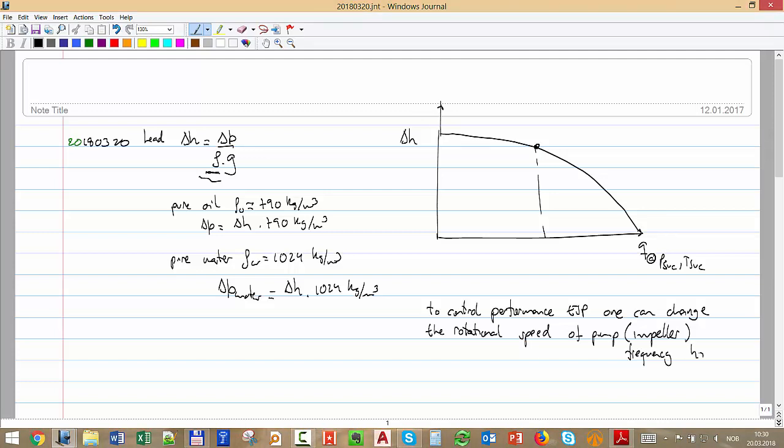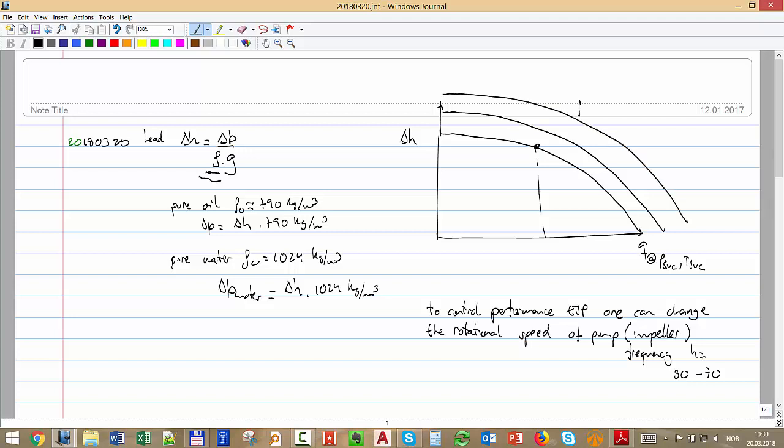That's hertz, and the normal range is between 30 hertz all the way to 70, and 60 is around, I think, 3600 rpm, if I'm not mistaken, a bit higher for 70. If you increase the frequency, you will have another curve.